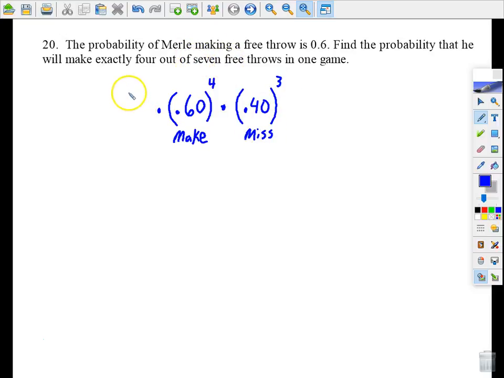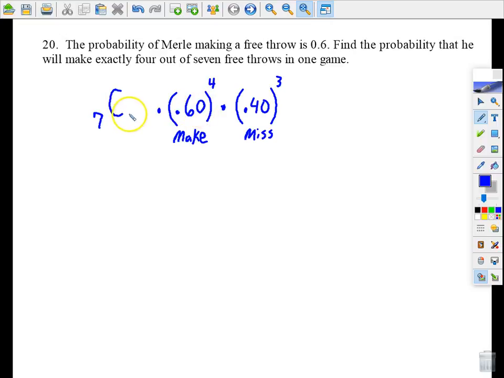But remember, when you expand using the binomial theorem, you're going to have a combination factor. So here's how we'll get that. Since 7 free throws are being taken all together, that means the number n in front of C is 7.